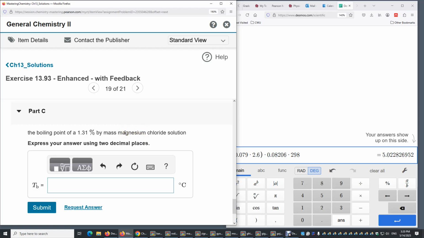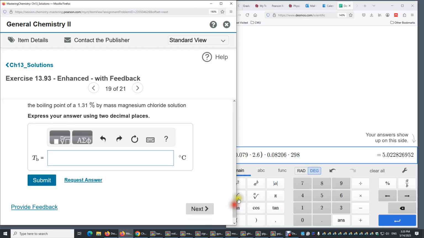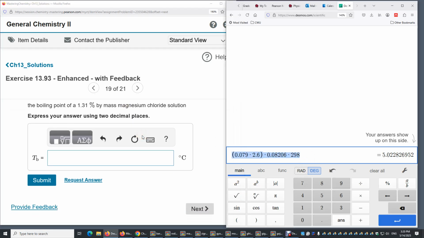We can convert it to the number of moles and then divide it by the mass of the solvent in kilograms. So here we assume 100 grams of solution multiplied by the percentage in mass. This is 0.0131.